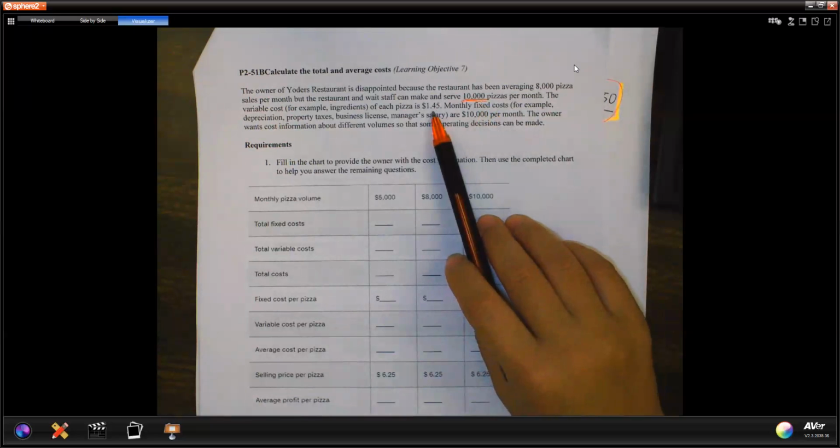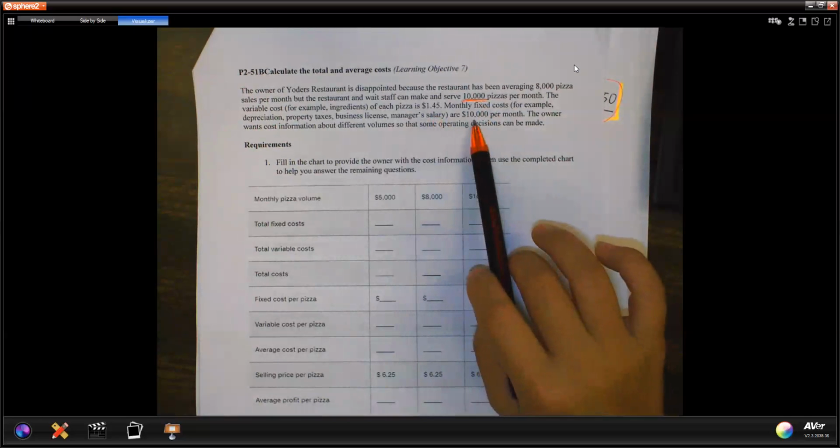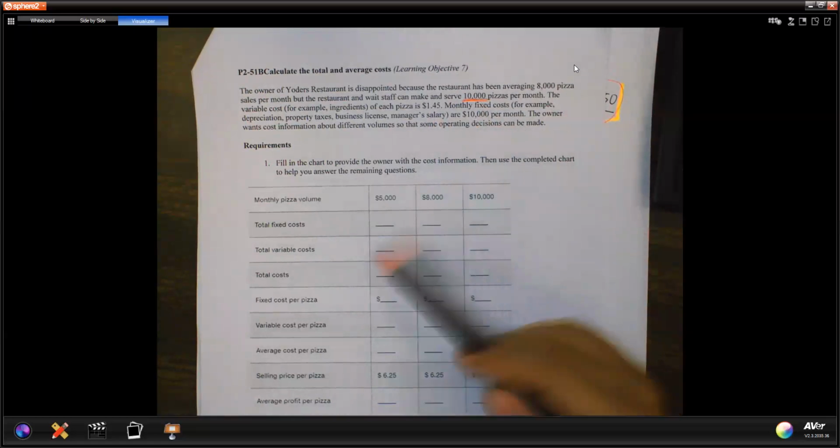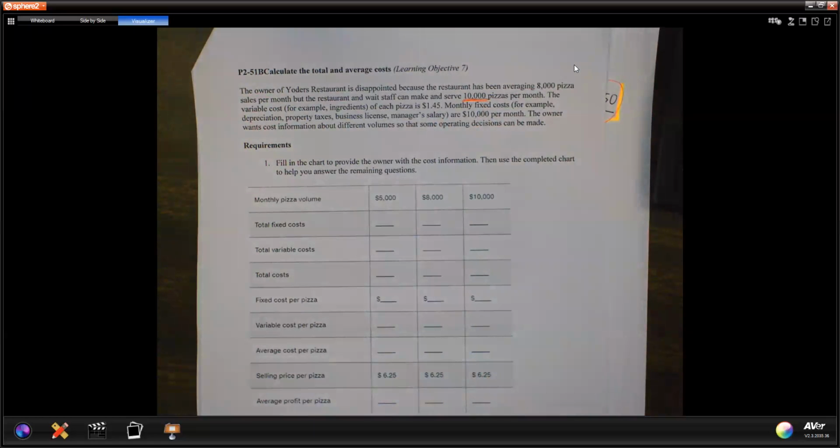Remember, variable cost for each unit is the same. For the total, you just multiply by the total units. So that is your fixed cost, 10,000, and you fill in these numbers very quickly. I'll just go through this with you.